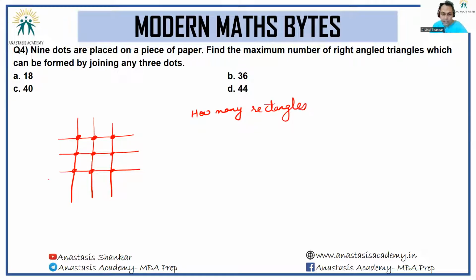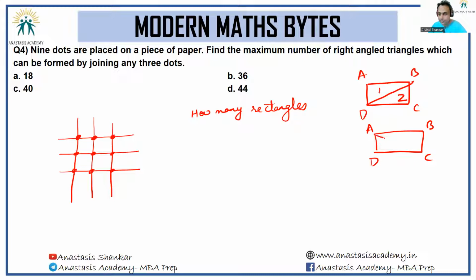Because as soon as you identify a rectangle, can you see if you have a rectangle A, B, C, D, you can break it down into 1 and 2, two right angle triangles, and A, B, C, D, also 3 and 4. Every rectangle can be broken down into 4 right angled triangles. So how many rectangles can you make?